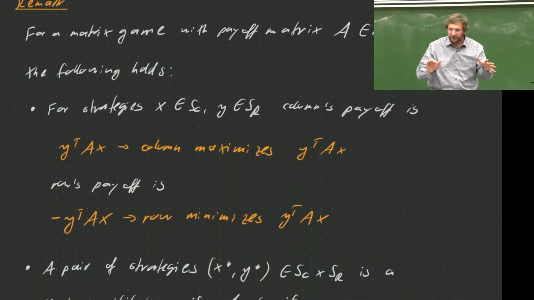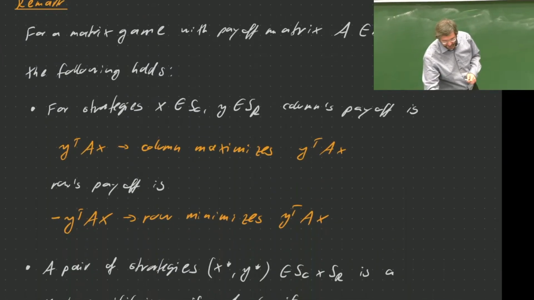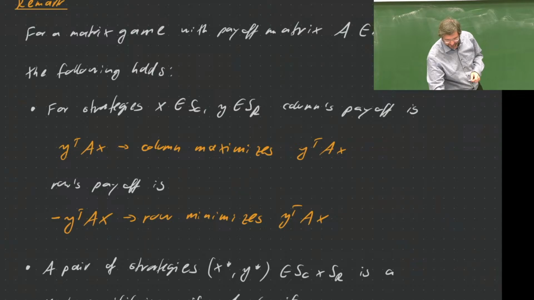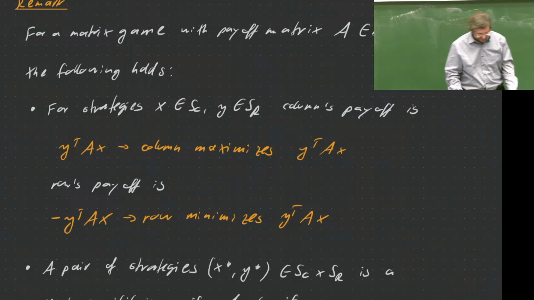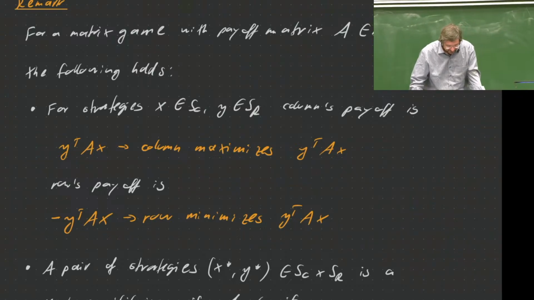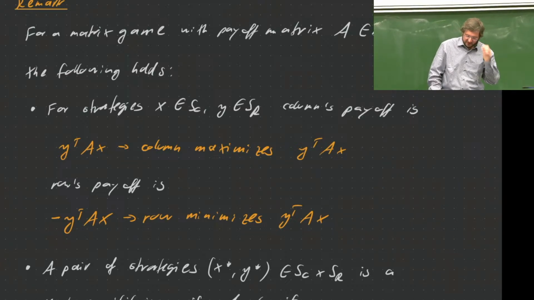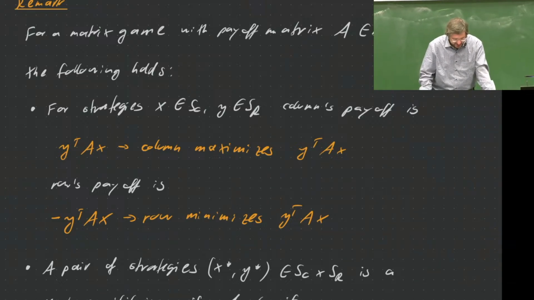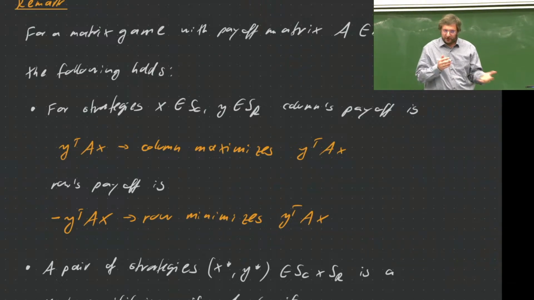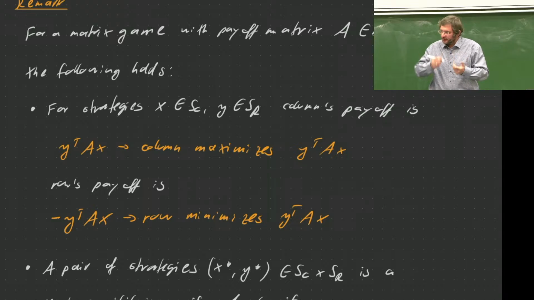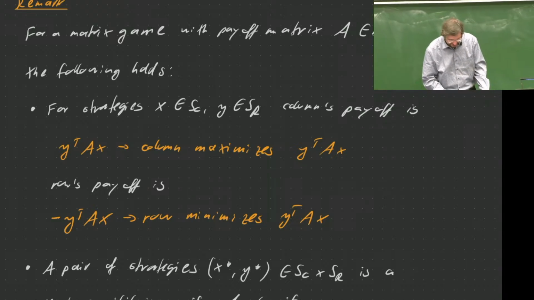All right, so from now on, we'll concentrate on matrix games. And specifically for matrix games, almost the same as for bimatrix games, we can have a look at the expected payoff if we know the strategies of both players.